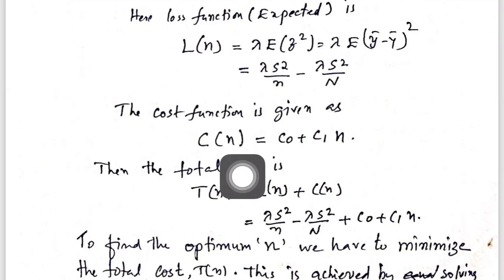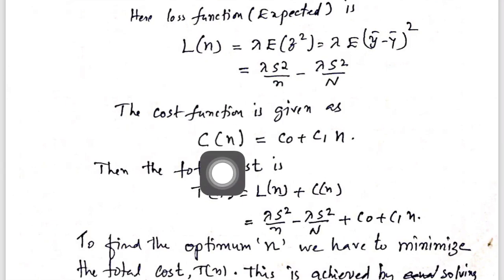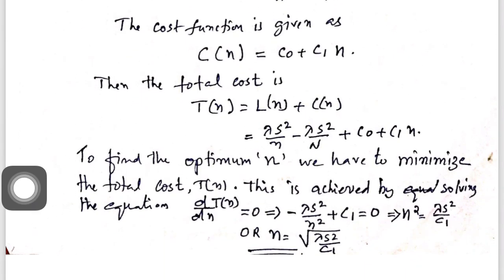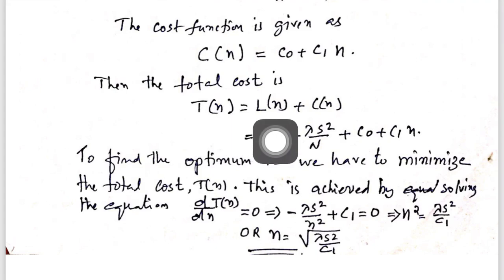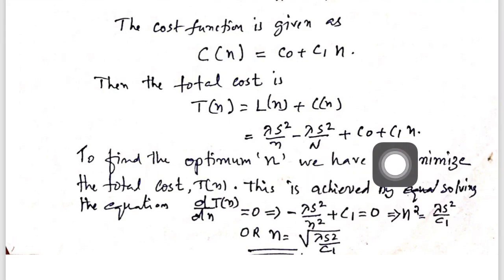Okay, then you add the expected loss function capital L of n and cost function C of n for getting the total cost. Total cost T of n is equal to the sum of the expected loss function and cost function, which is equal to lambda into S square by small n minus lambda into S square by capital N plus C0 plus C1 into n.